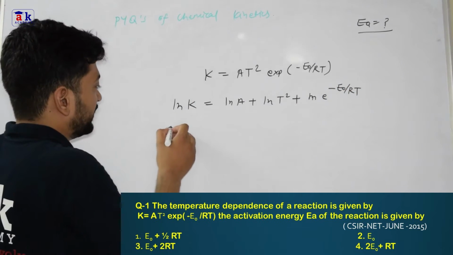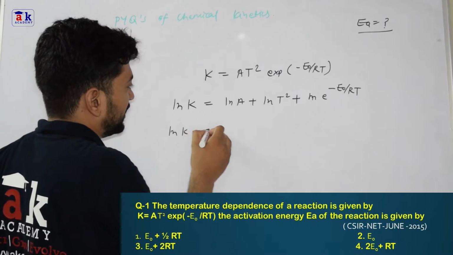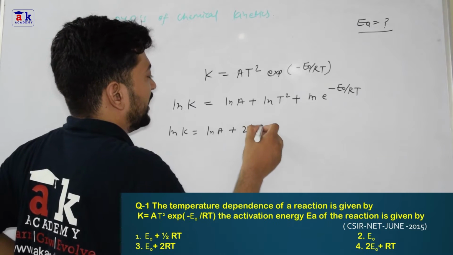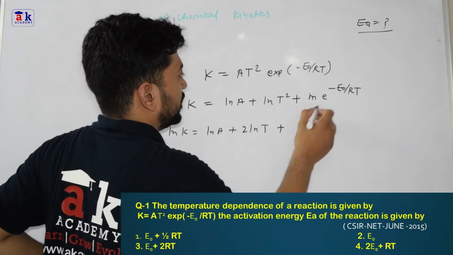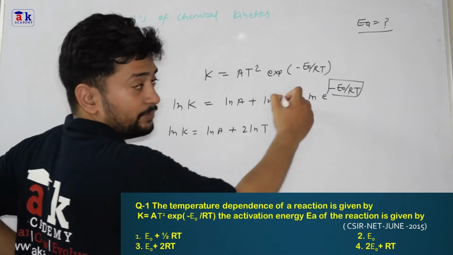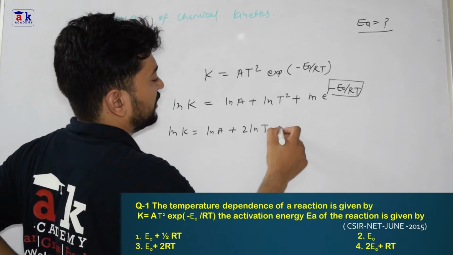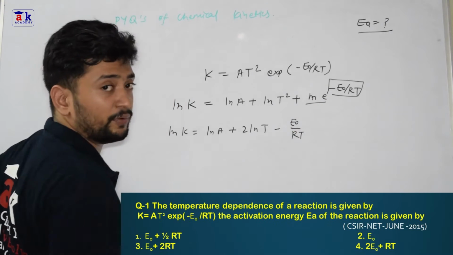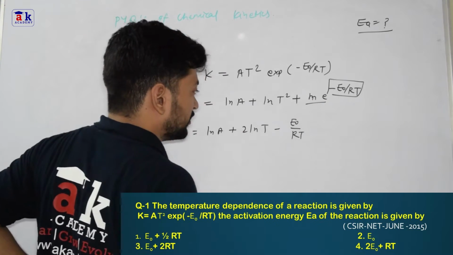And after solving this one, you will get ln K = ln A + 2 ln T − E₀/RT, and ln e will be equal to 1. So this much we have.